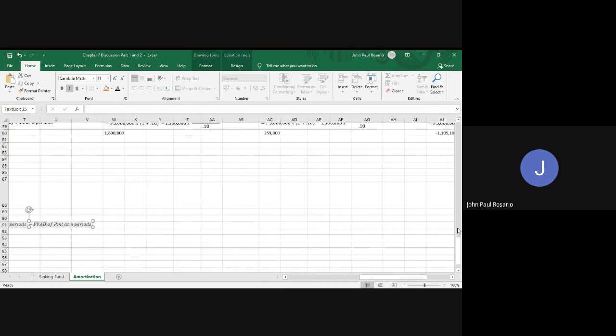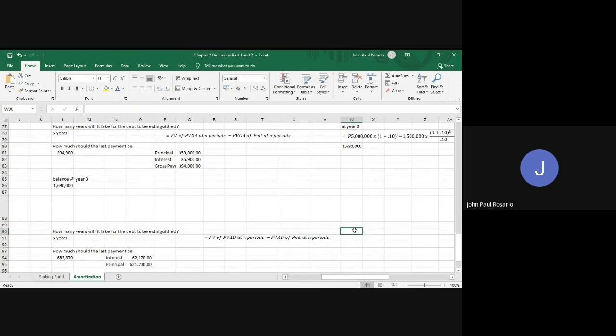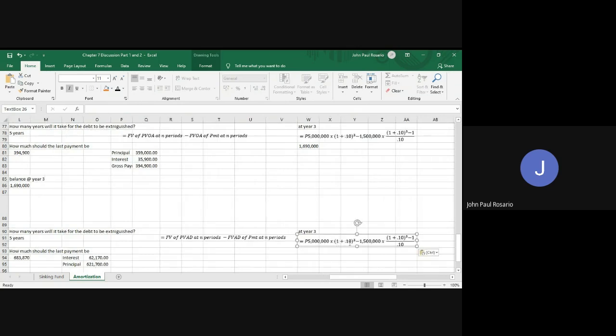So let's make use of this at year 3. The 5 million times 1 plus 1.10 is constant, there is no change there. Only this part will change. So this is the 1,300,000 payment times 3, and then we add another 1 plus I times 1 plus I.